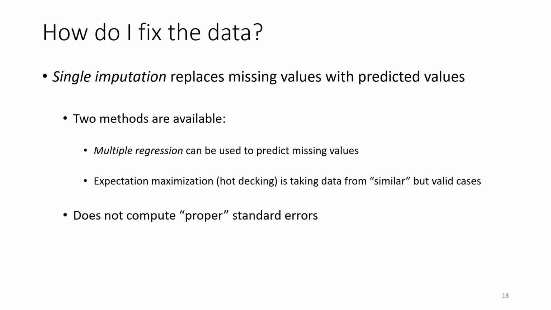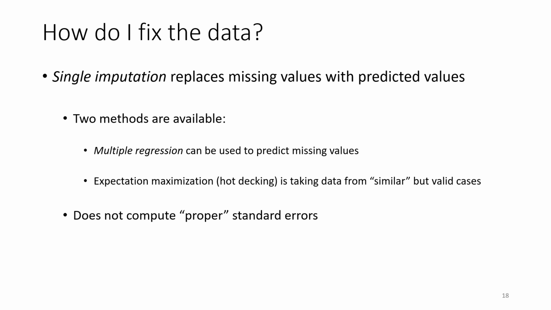Because we are using information that we have to predict the missing scores. And so this is often referred to as a considered approach to treating missing data. However, it should only be used when missingness is missing completely at random or missing at random.